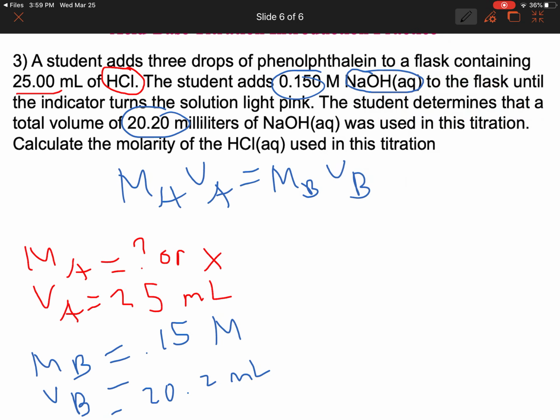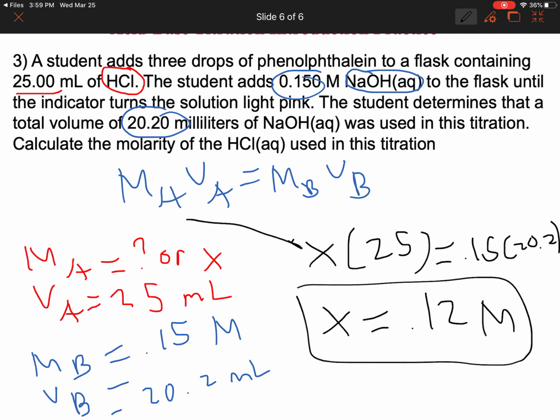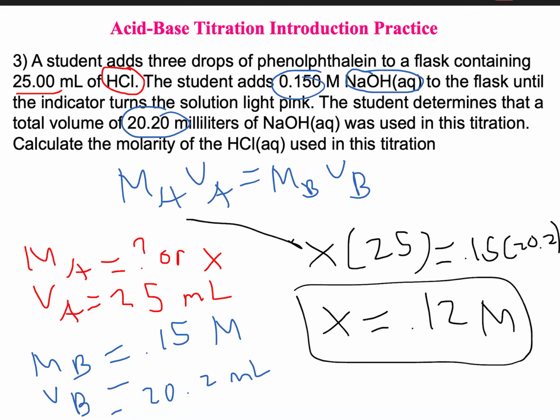So when we set this up, all we have to do is plug in our numbers. X for our MA, 25 for our VA equals 0.15 times 20.2. When we solve for X, you will get an answer of 0.12 molar. Nice and simple.